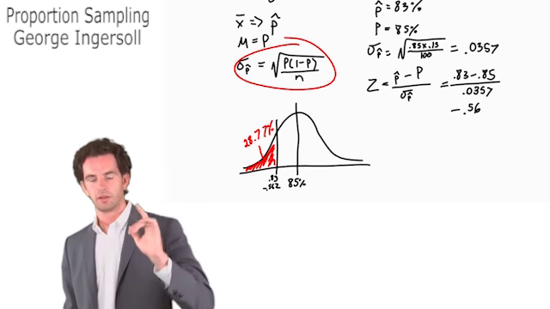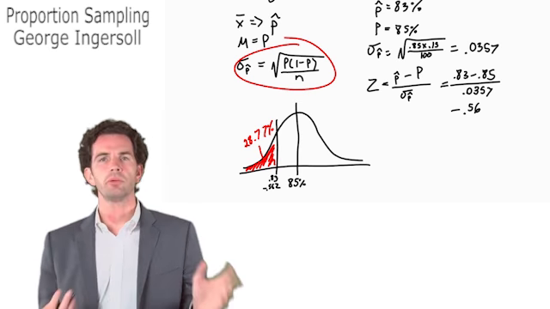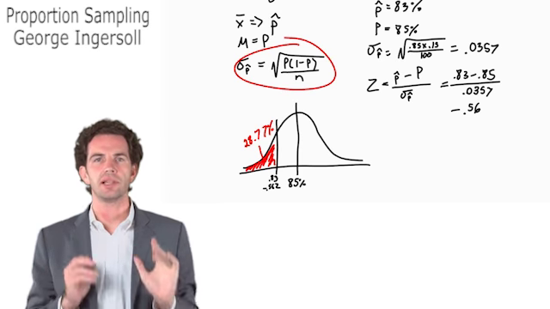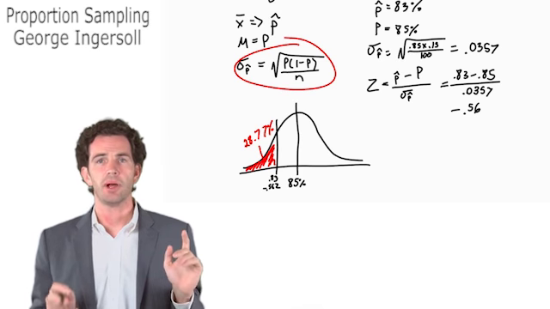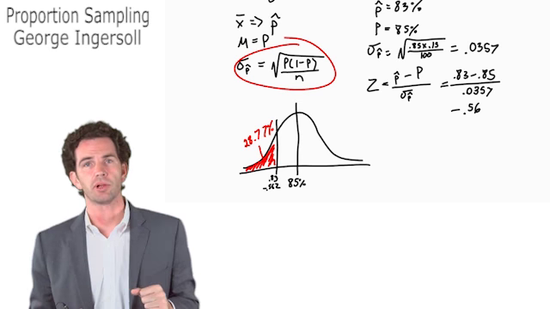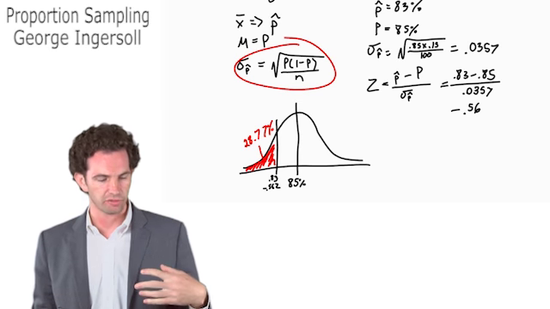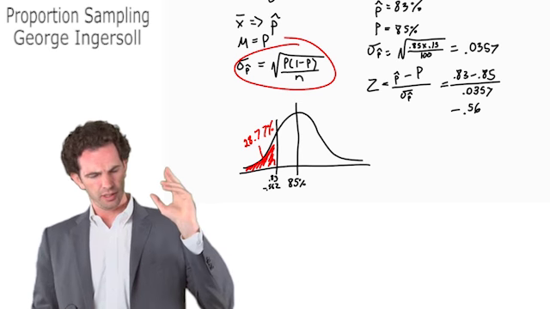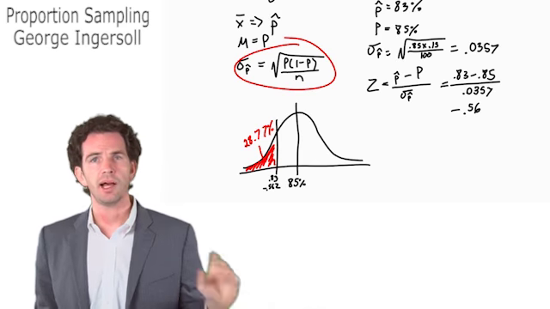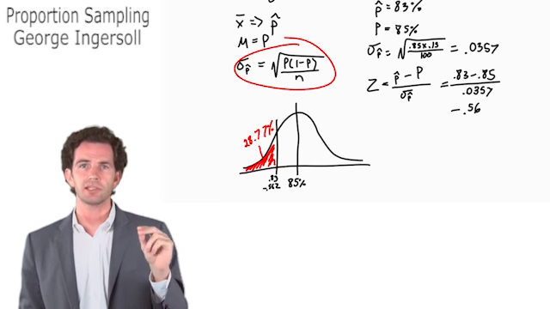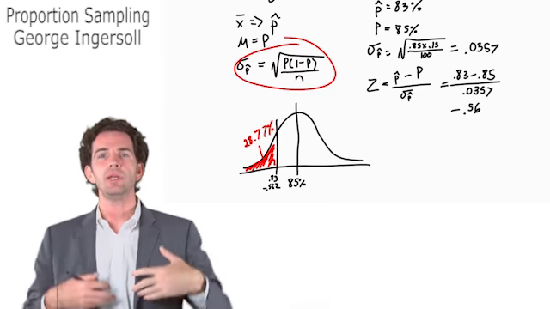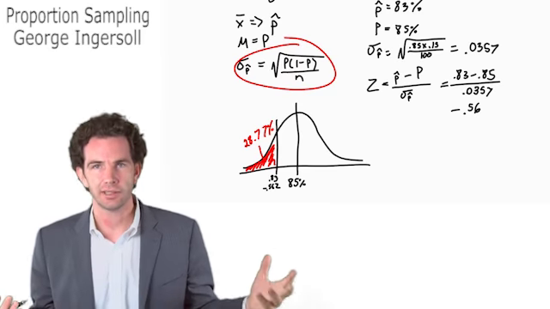And let's remember, what were we testing? We were just testing this claim that the politician said 85% support gun control legislation, the background checks. We weren't testing whether that was too high specifically or too low, just testing whether it was accurate. And we need to have enough evidence to reject this claim.